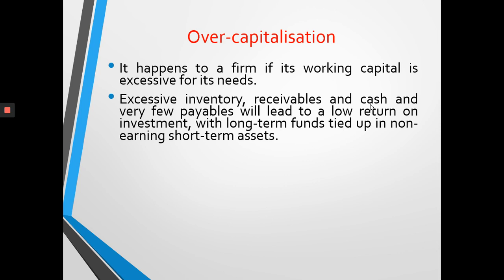Your cash is just tied up in current assets that don't give you any form of return. That is not something the company wants. You don't want to keep excessive cash and excessive inventories, which could be used to invest somewhere else and would have given you better return. Keeping current assets, inventories, cash doesn't give you any return.